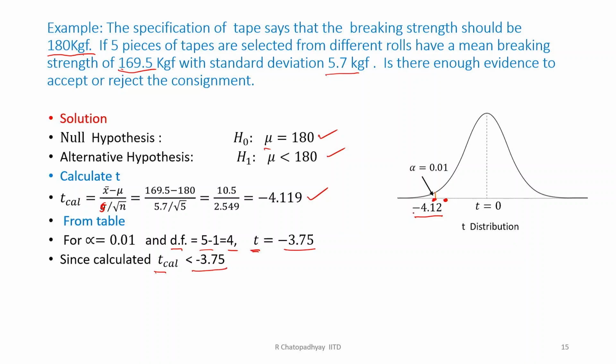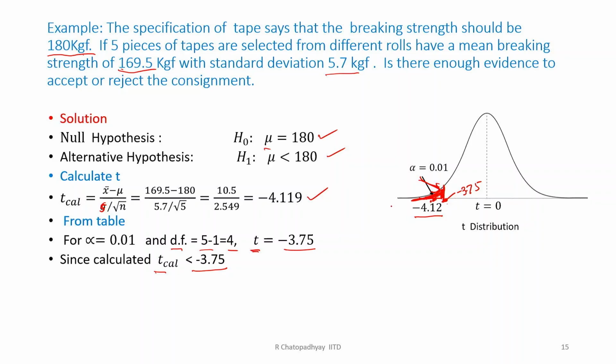See, the calculated value of T is minus 4.12, and the T that you get for alpha, that means if alpha is here, this whole area from here to there, the T value here is how much? Minus 3.75. But the calculated value T is somewhere here.